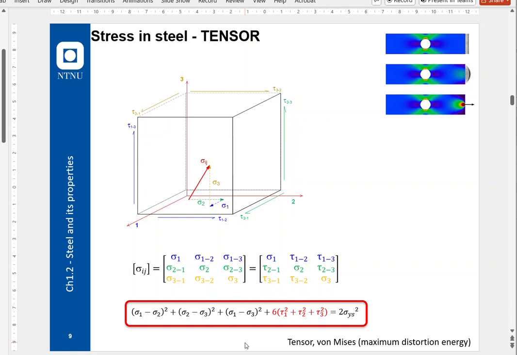What is good for us in casing and tubing design is that, well, it's actually the same as in any other science, of course, that when you use principal stresses, all these shear forces, they go away, they turn to 0. So you only remain with the principal stresses.